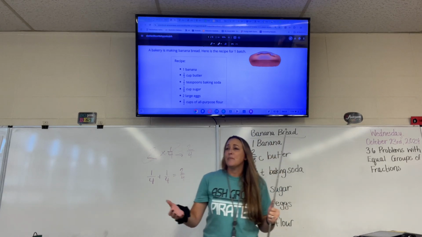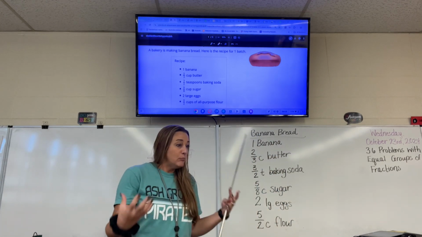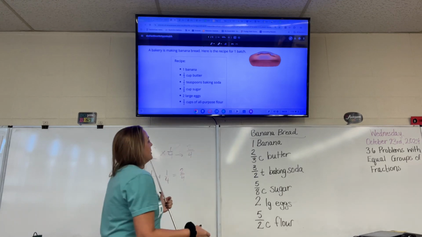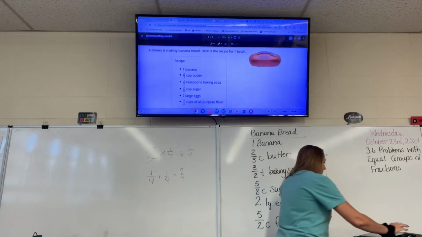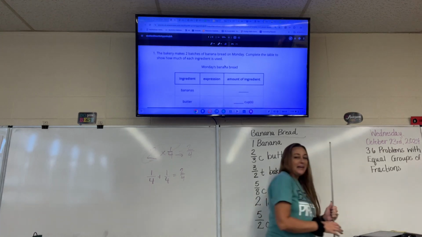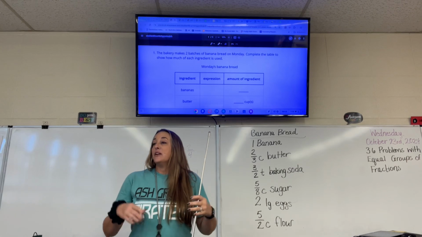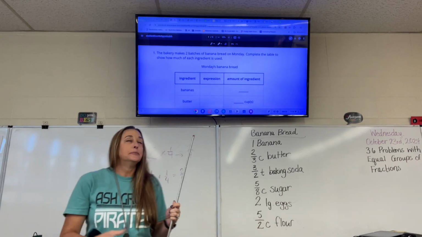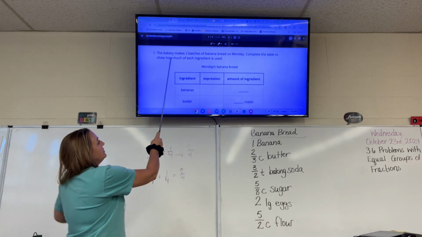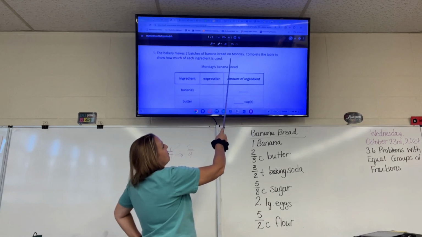And you know, if you're a bakery, you don't just make one batch, you make multiple batches, right? So that's what we're going to do. We're going to be taking this banana bread recipe and increasing the number of batches. Okay, so the bakery makes 2 batches of banana bread on Monday.